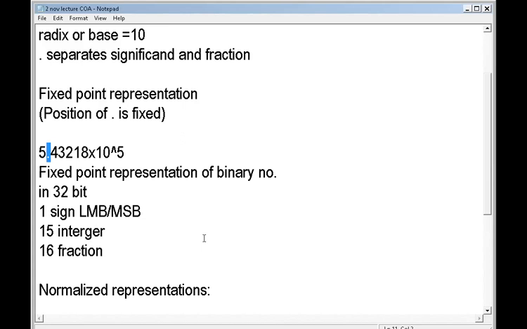Adjusted how? Suppose you have to add 2 numbers. So the length of the fractional parts must be the same, then it would be easy for the computer to compute. If 2 numbers are to be subtracted or added, then their radix raised to the power number must be the same, then only they can be added.